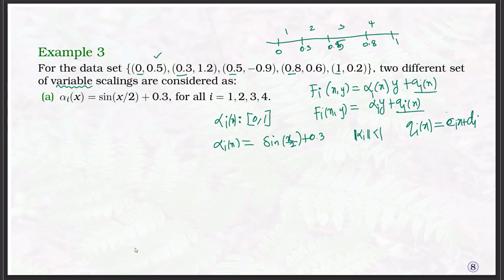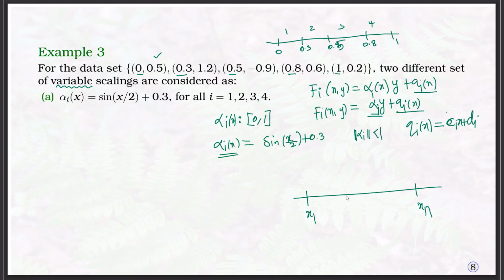Then, as I explained previously, what is the difference between this variable scaling and constant scaling? Suppose we have the data points from x_1 to x_n, and we take any subinterval x_i and x_{i+1}.